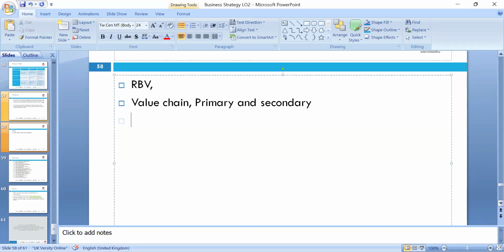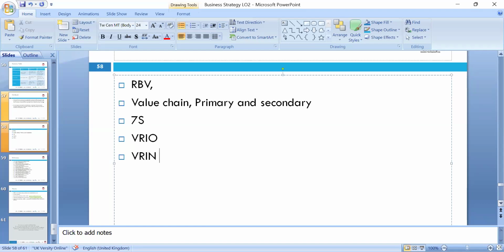We also had a discussion about the 7S approach, given by McKinsey: strategy, structure, style, shared values, shared vision. These 7S's need to be focused on in bringing competitive advantage. The VRIO model, which we discussed: value, rarity, inimitability, and organization, how well we organize to bring competitive advantage.